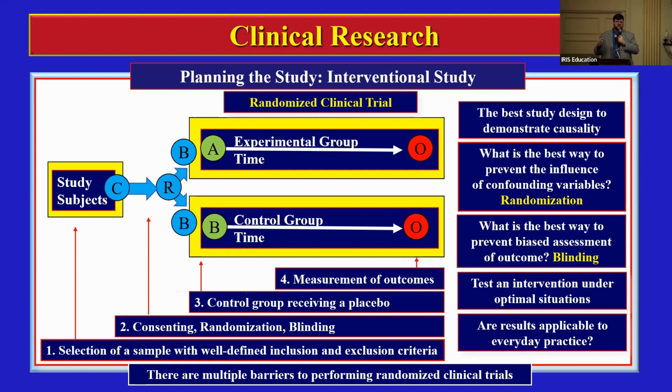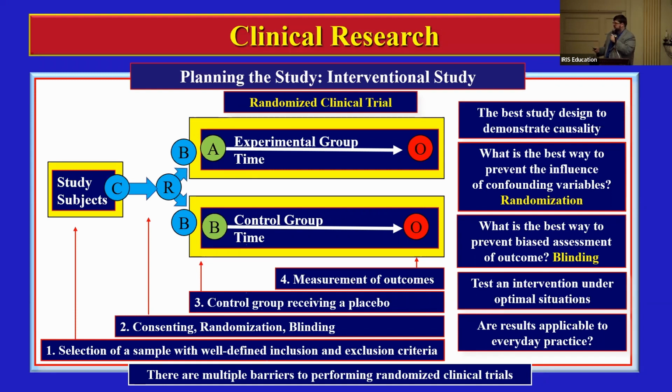And so the randomized clinical trial is the best study design to show whether or not your intervention is really causing the outcome. Of course, we will get to whether or not causation is being demonstrated in later presentations. And it's the optimal study design for testing your intervention.